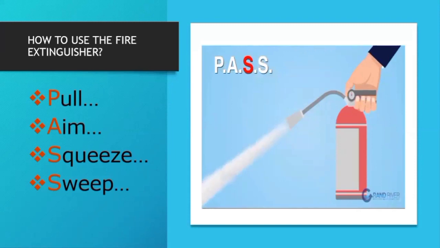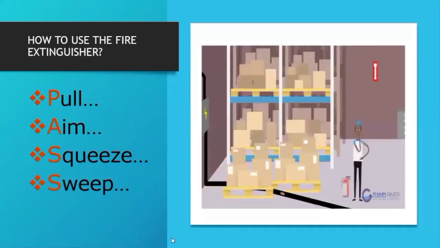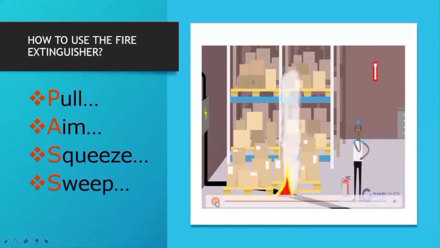Once you aim, squeeze the trigger, and while squeezing the trigger, move the nozzle of the fire extinguisher from side to side. That is how you use the fire extinguisher.